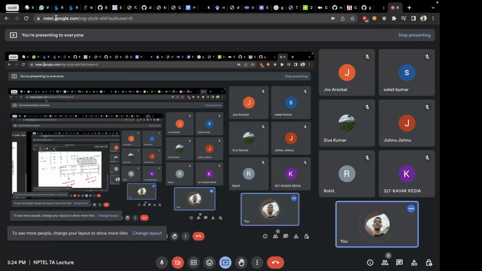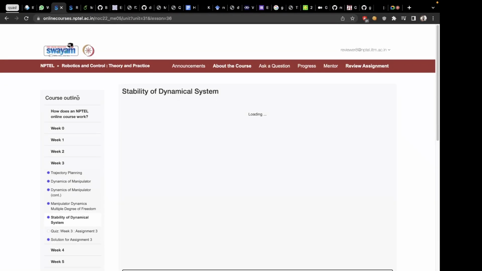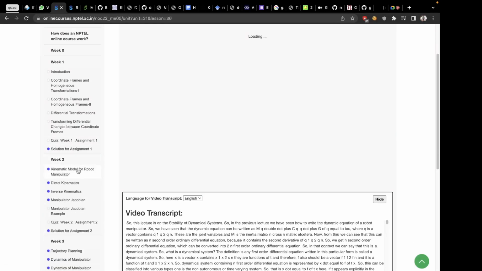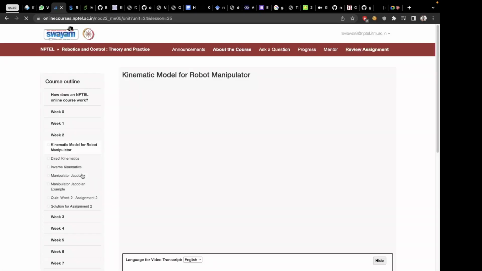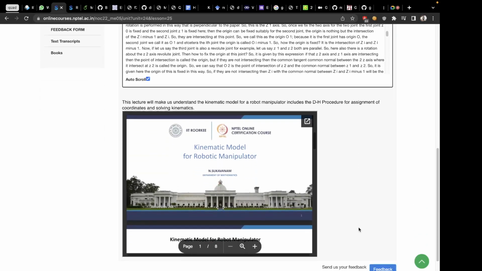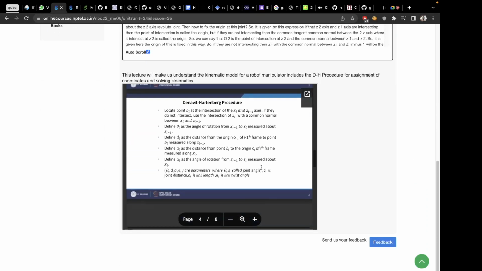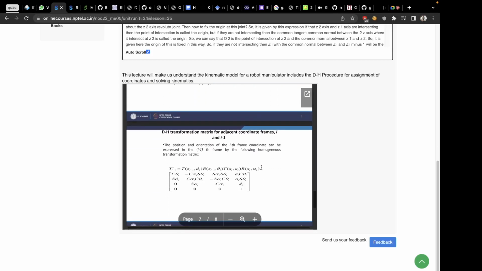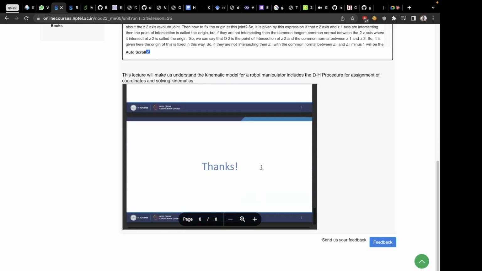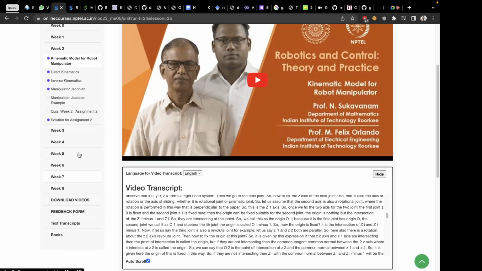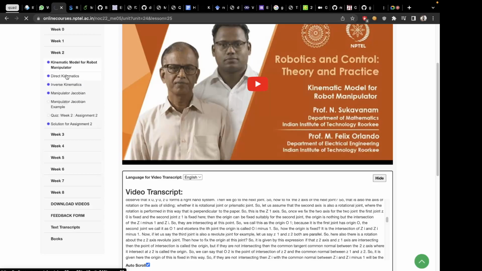One thing that I wanted to confirm is the order of the multiplication here. So let me just see in the lectures. This should be in week 2. Oops, direct kinematics.